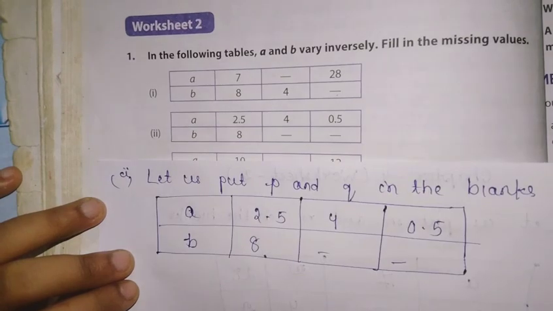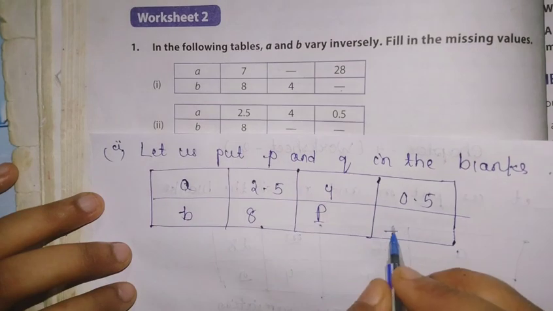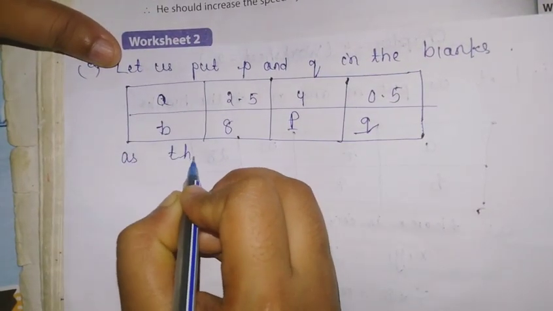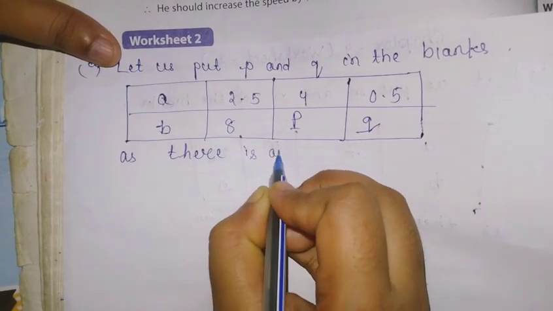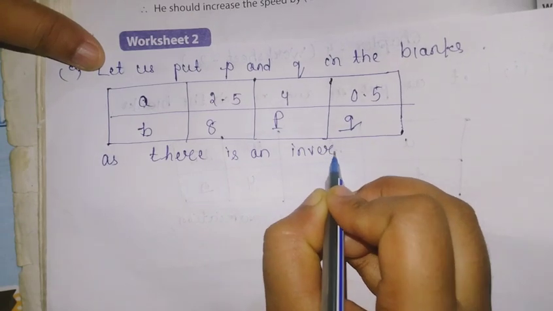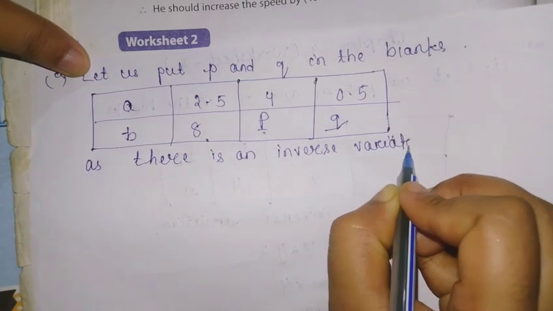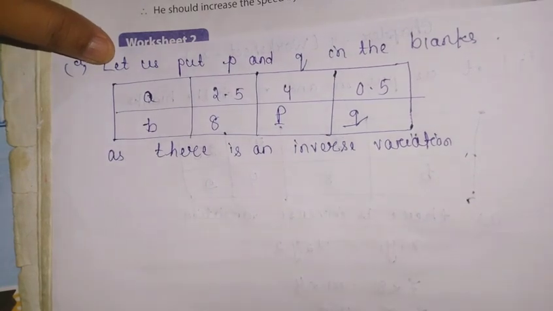This is P and Q. As there is an inverse variation, we put the inverse variation formula.